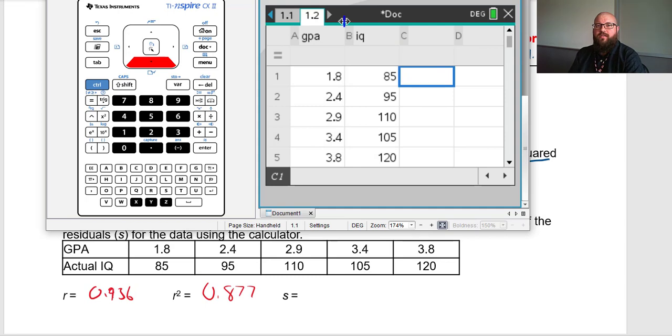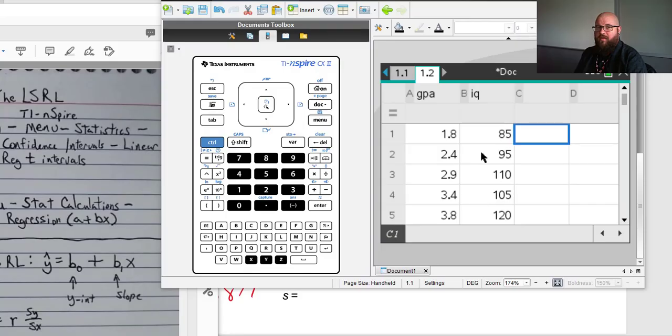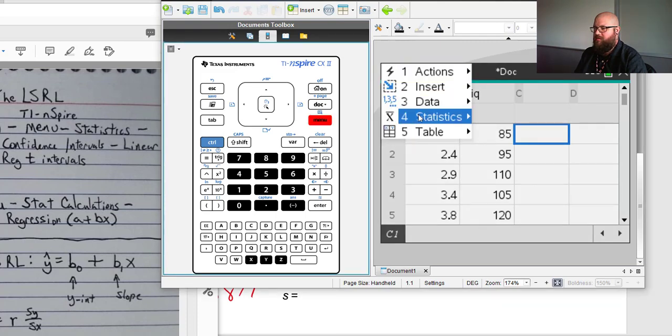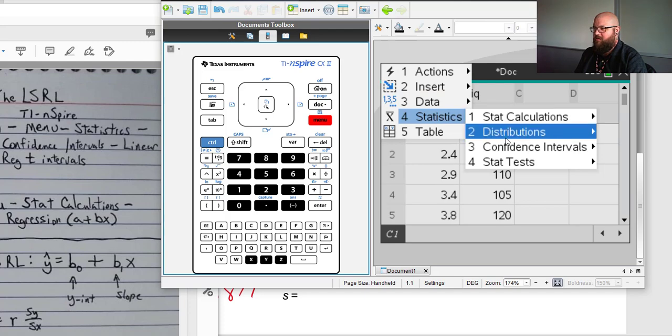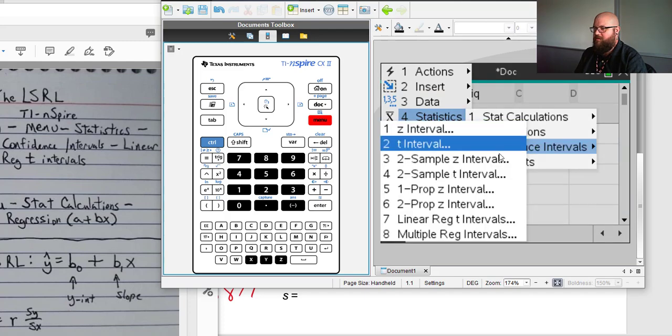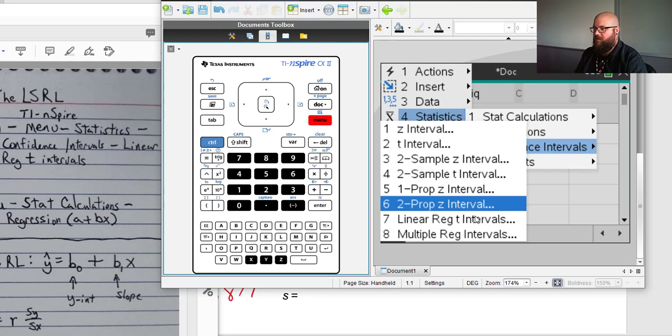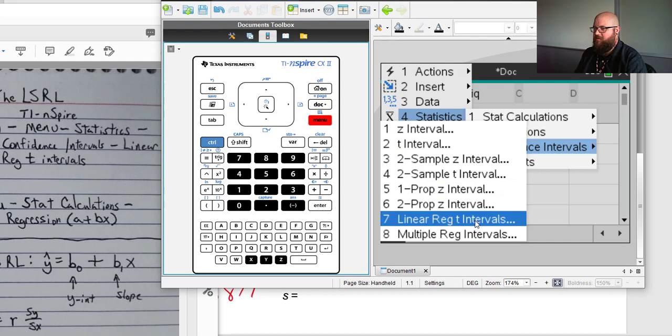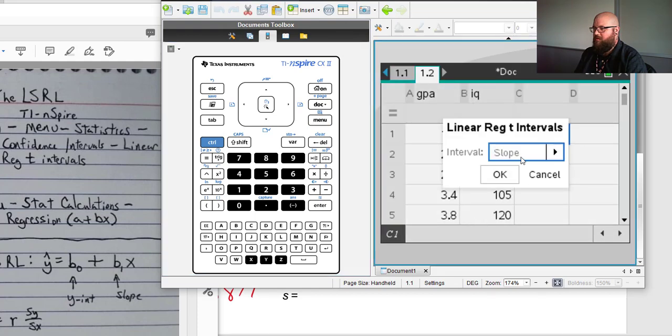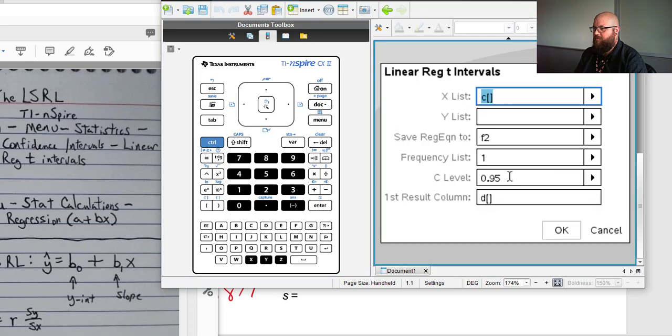All right, so once you have all that data in a spreadsheet there, then you're able to just come over to any empty cell. Now that I've highlighted an empty cell there, let's go ahead and do what it says in our big ideas. So we're going to go to Menu, Statistics, Confidence Intervals. We're going to go to Linear Reg T Intervals, Slope, okay.